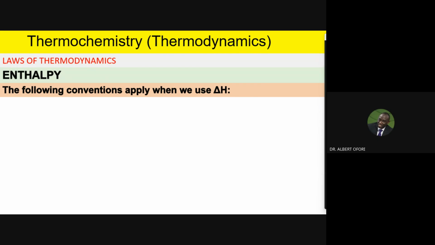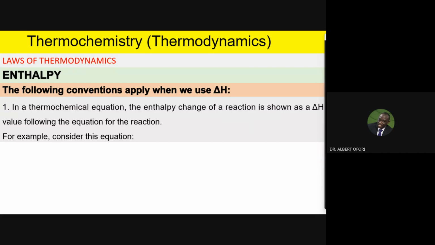Again, if the reaction is reversed, where the product is now the reactant, the enthalpy change is reversed. If it was endothermic, the reaction now becomes exothermic. This is just a recall.